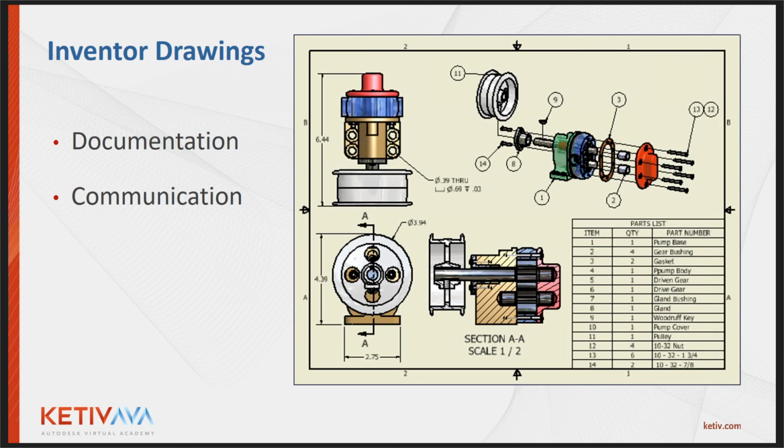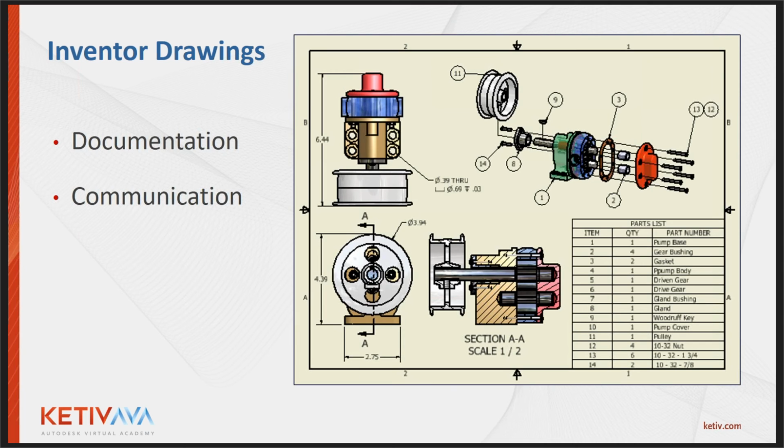Getting everything into a good, solid drawing allows us to communicate with the fabrication department how these things are made, and allows us to communicate with the sales department and, consequently, our customers, of this is what you can expect your product or your part to look like. Many times this is how it's going to be assembled, as we can see in the example up on the screen.